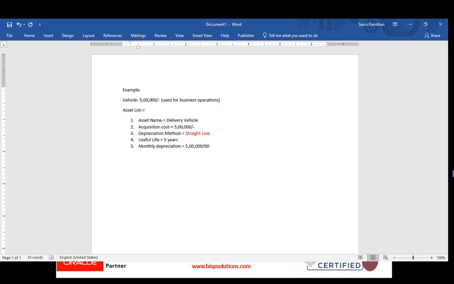So if we calculate it for 60, we will get the amount of 8,333 rupees.